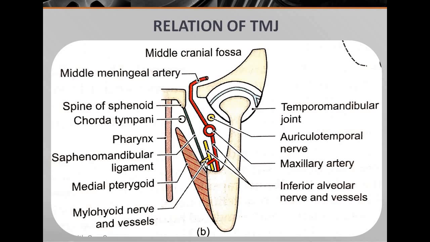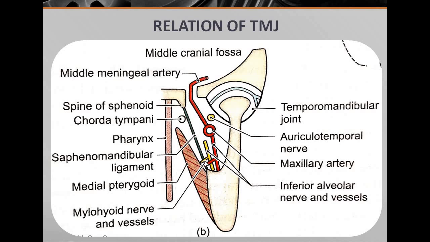You can see clearly here. So these are the things you have to write about the sphenomandibular ligament in a short question. Two important nerves: medially chorda tympani, laterally auriculotemporal nerve. The structure pierced is the mylohyoid nerve and vessels.